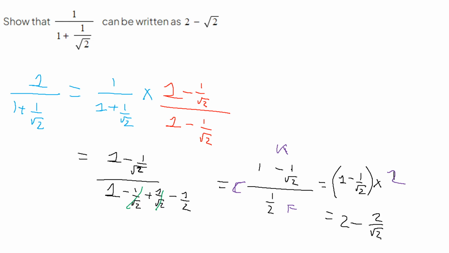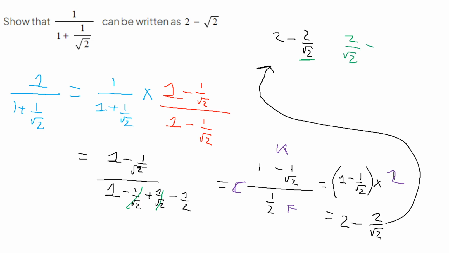And remember what we said before, that we can't leave it like this. So this is 2 minus 2 over root 2. This is a problem because we have a surd on the bottom. So what we can do is say that 2 over root 2 is the same as, when we rationalize the denominator, 2 over root 2 times root 2 over root 2, which is the same as 2 root 2 over 2.